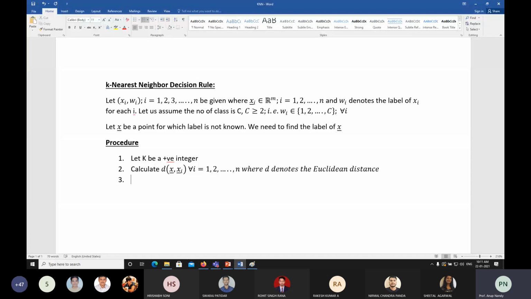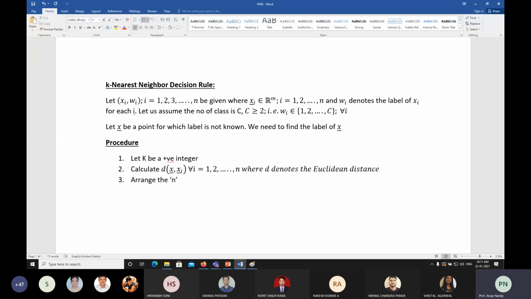Fine. So now, after calculating this Euclidean distance from the test data, you have to arrange how many distances? N distances. That many observations are there, so that many distances you will have.